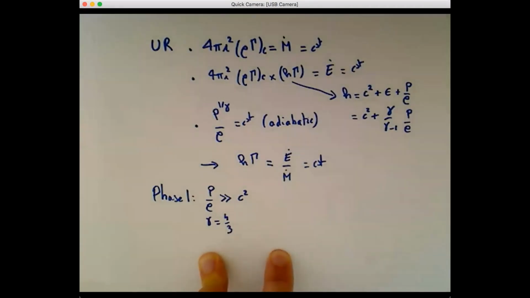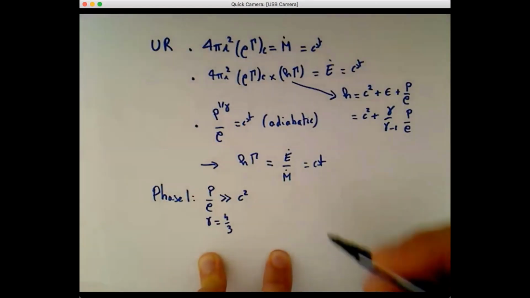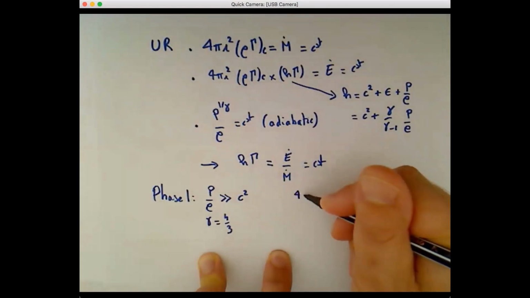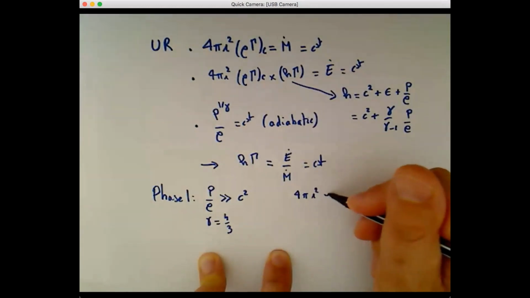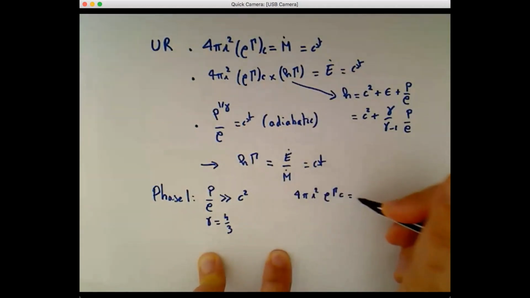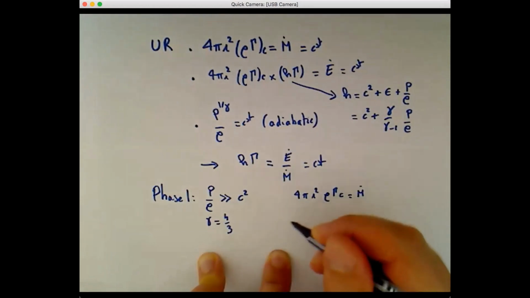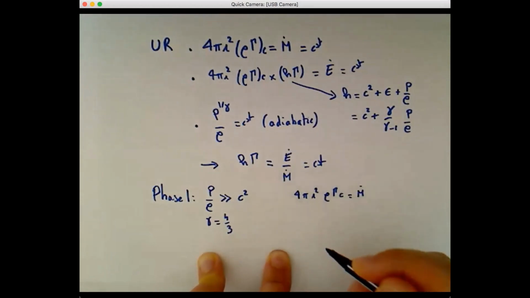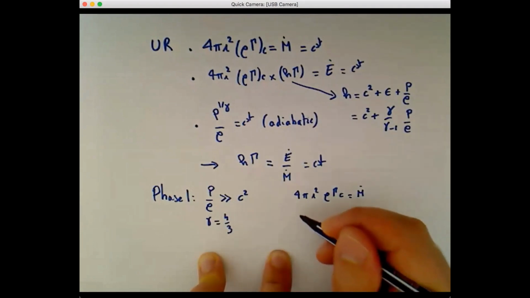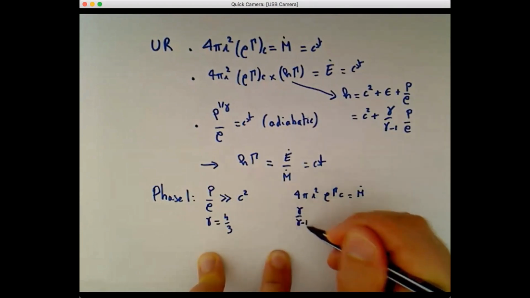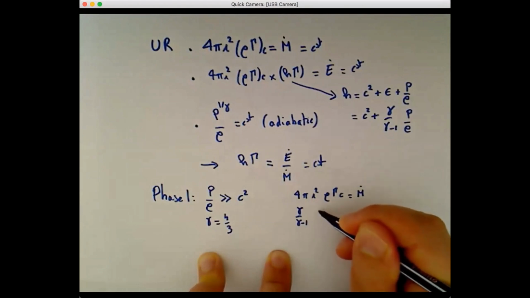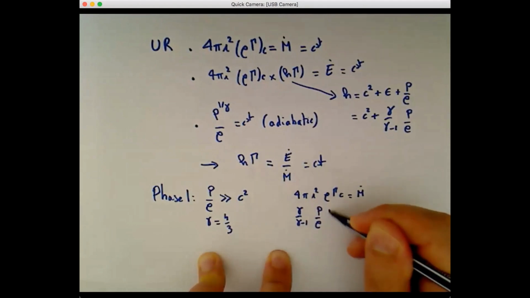So what is my new set of equations? Conservation of mass. Conservation of energy, where I can replace H by gamma over gamma minus 1, P over rho.